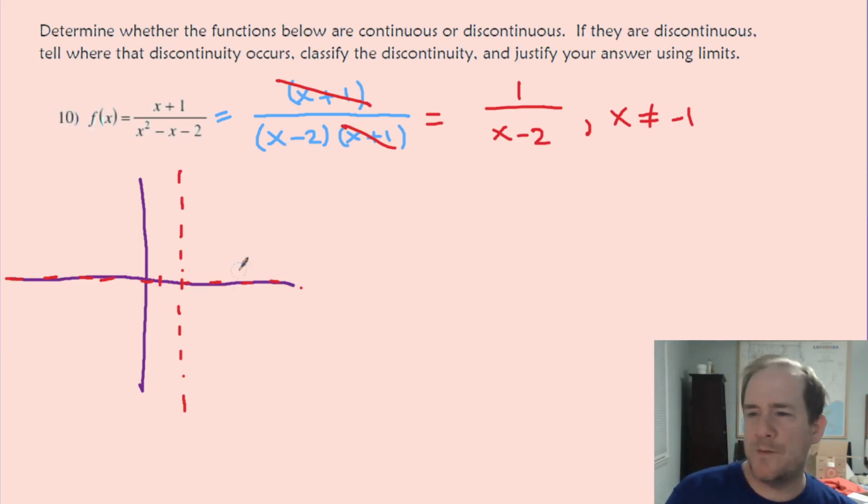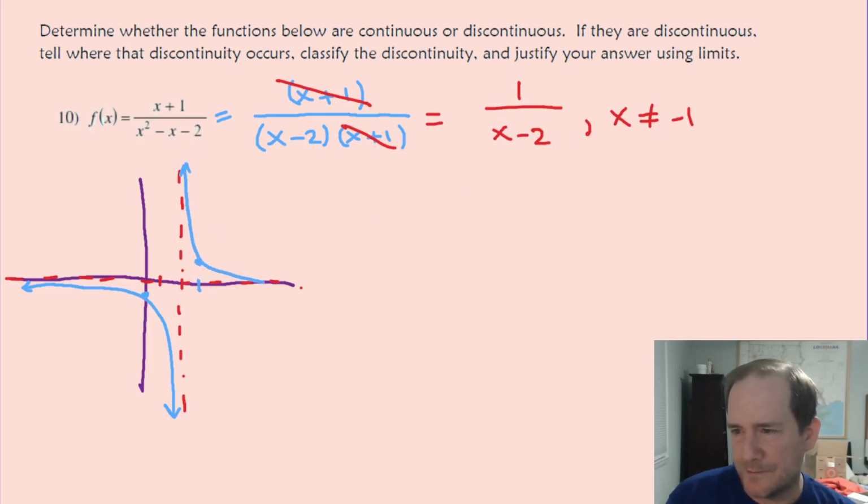And again, where would my branches fall? Well, if you plug in 0, you get -1/2. So if I'm negative at 0, then I'm negative everywhere. And then it never hurts to check. So if this is 2, then try plugging in 3. Well, 3 gives 1. That is above. So then my whole branch is above.